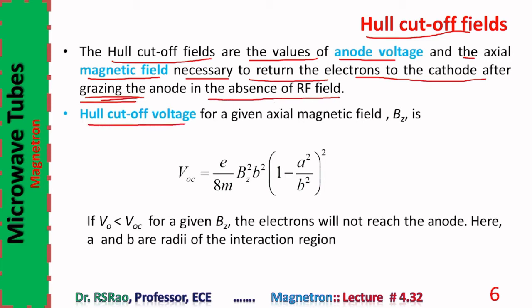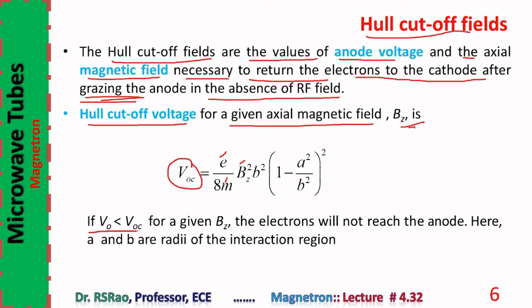Hull cutoff voltage for a given axial magnetic field Bz is given by, symbol V0C, equal to (e/8m) Bz² b² (1 − a²/b²)². Here e is the charge on the electron, m is the mass of the electron, Bz is the axial magnetic field, b is the anode inner surface radius, and a is the cathode radius.